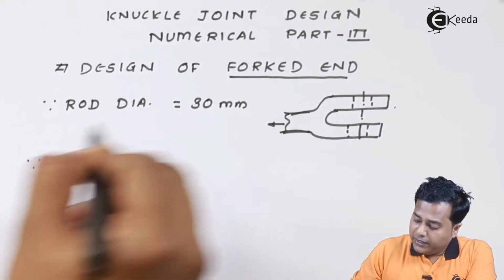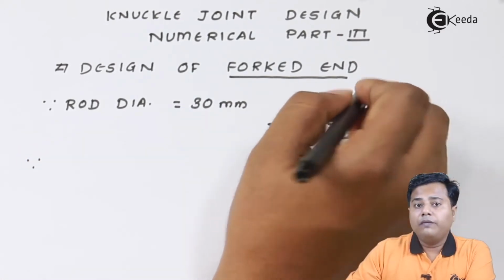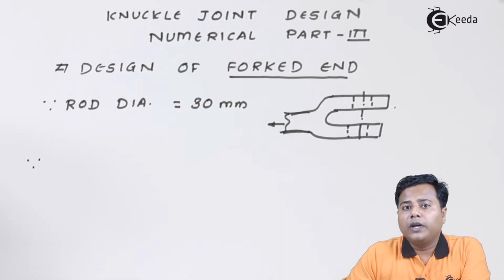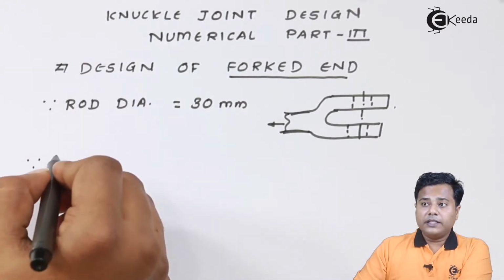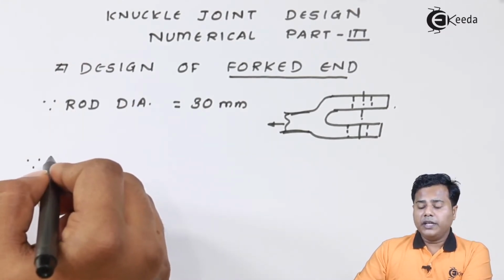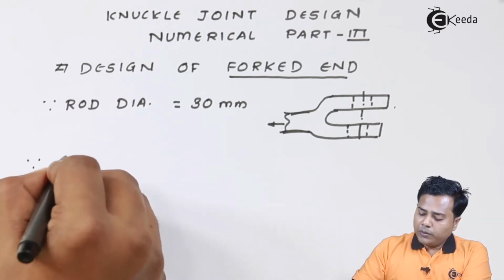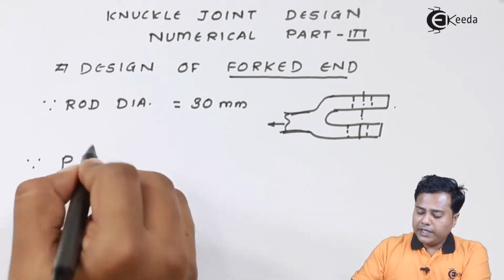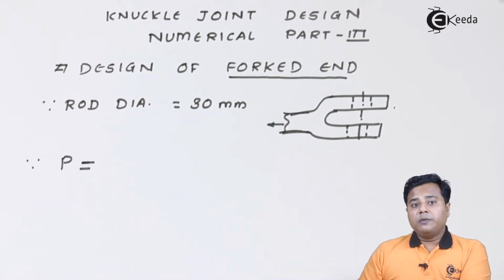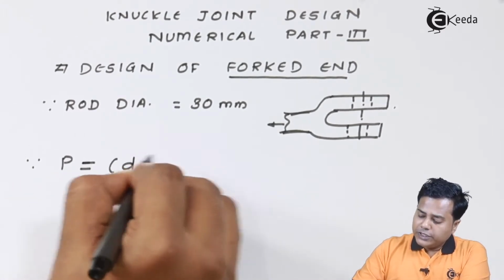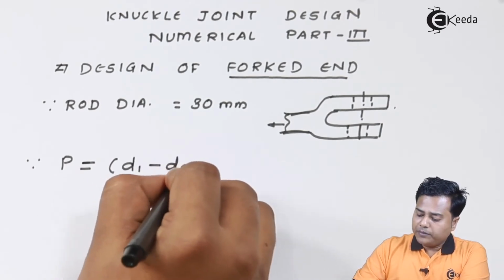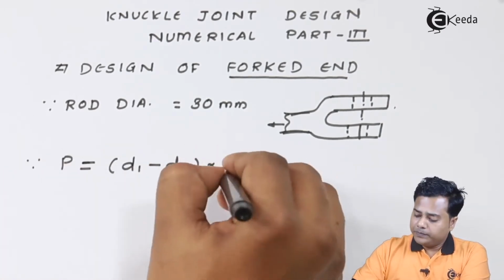Now again we know that this particular thing will fail under two kinds of loading. One kind of load will be shear load and another will be tensile load. So let us consider the tensile aspect and whether it is going to fail or not. So the formula again: P is equal to the difference between the diameters, d1 minus dp, into the length.